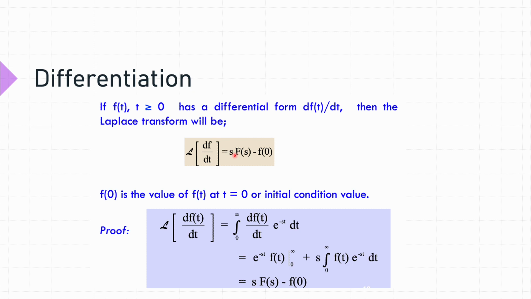It can be written as sF(s) minus f(0). This f(0) means the value when time is equal to 0, also known as the initial condition value. This initial condition value is proven by this equation, so you can try to prove this by yourself.